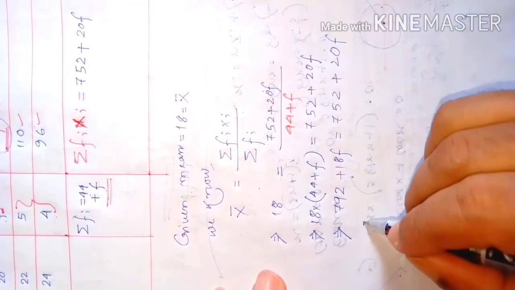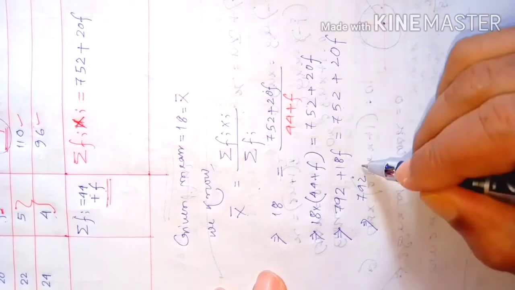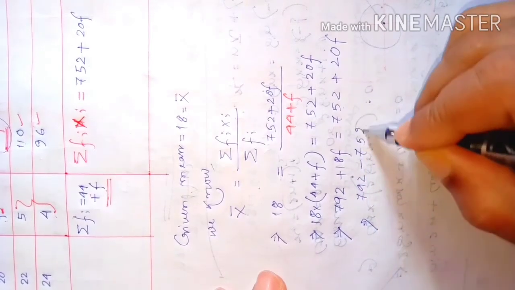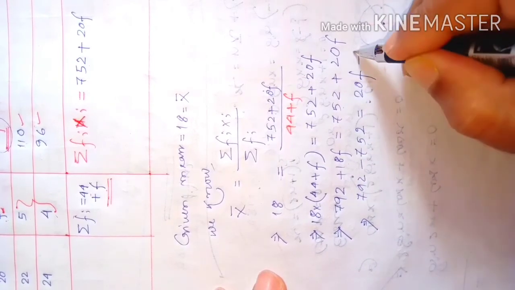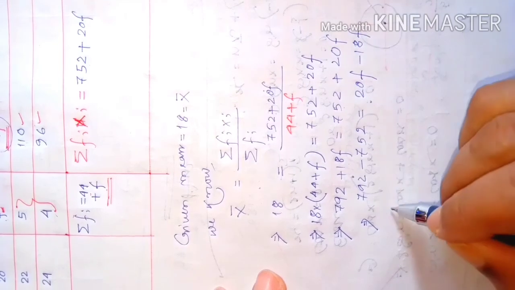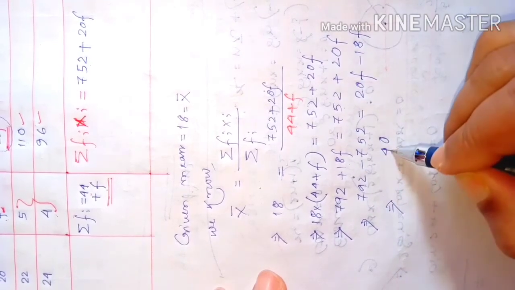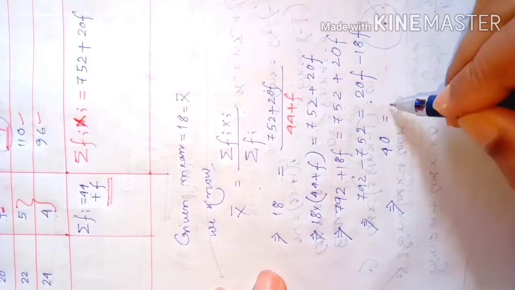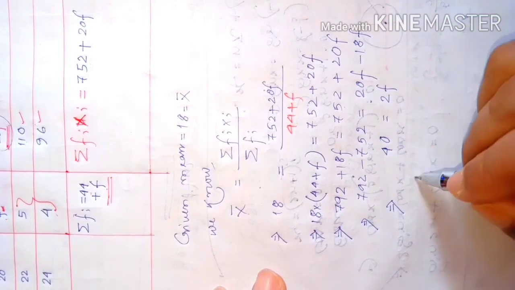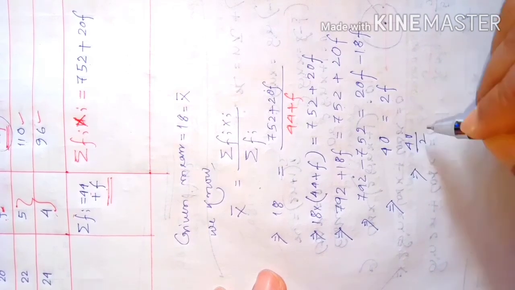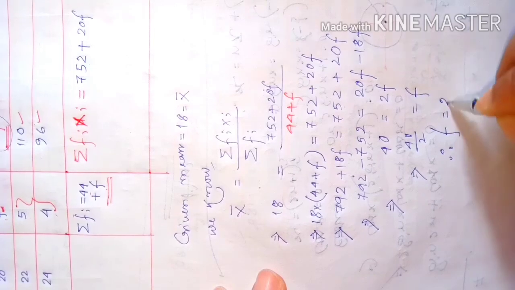So combine the like terms. This number you can take here, 792 minus 752, and the 20f is already here. Taking this 18f there, minus 18f. So 2 minus 2, 0; 9 minus 5, 4; equals 20 minus 18, 2f. Therefore, taking this 2 to this side, 40 by 2 is equal to f. Therefore, f is equal to 20.